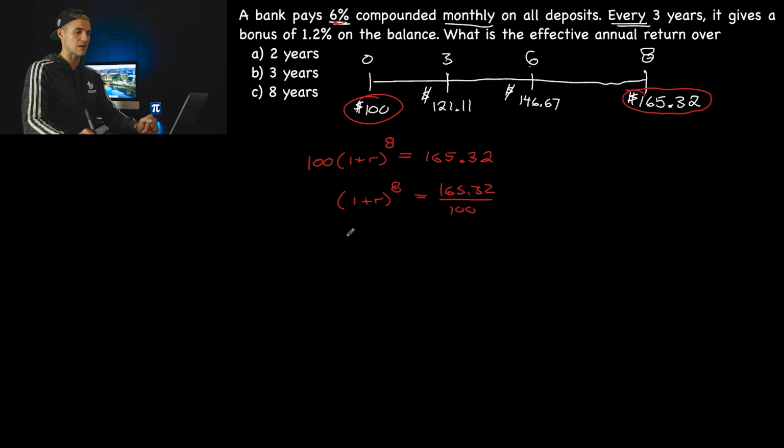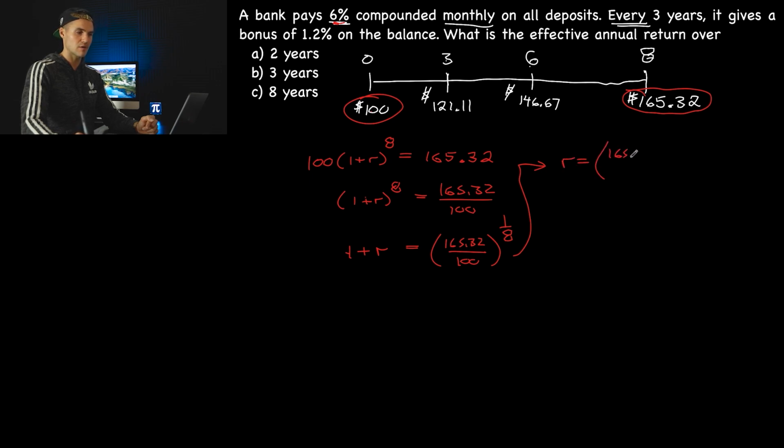Then if I'm bringing this 8 over, I don't even have to put the brackets, because this 8 is going to come over, meaning we have to take the 8th root of both sides. So we would take this 165.32 divided by 100 to the power of 1 over 8, like that. And then you would bring the 1 over, right?